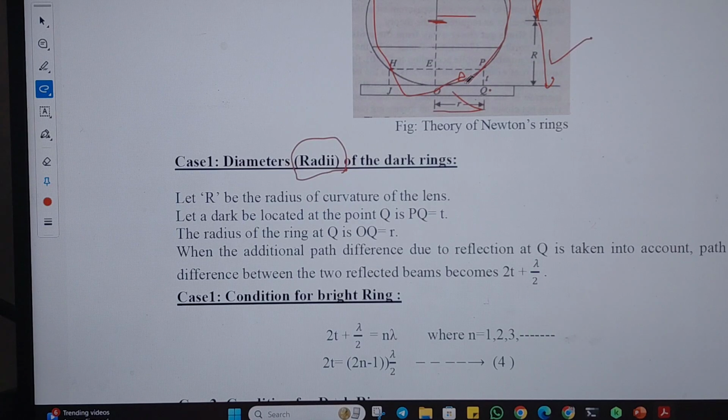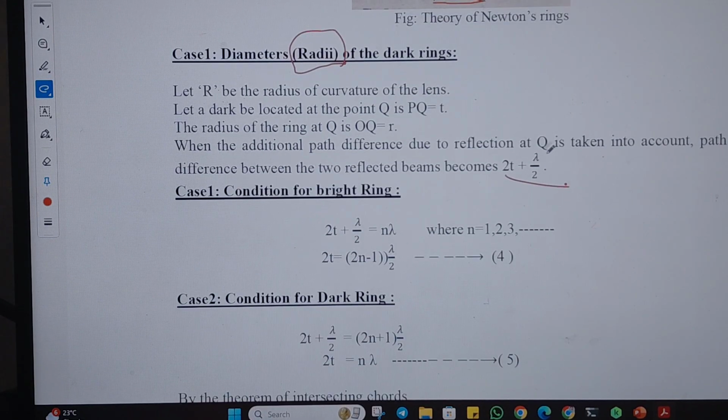So for the two reflected beams, the path difference is 2 mu t plus lambda by 2, that is 2t plus lambda by 2.